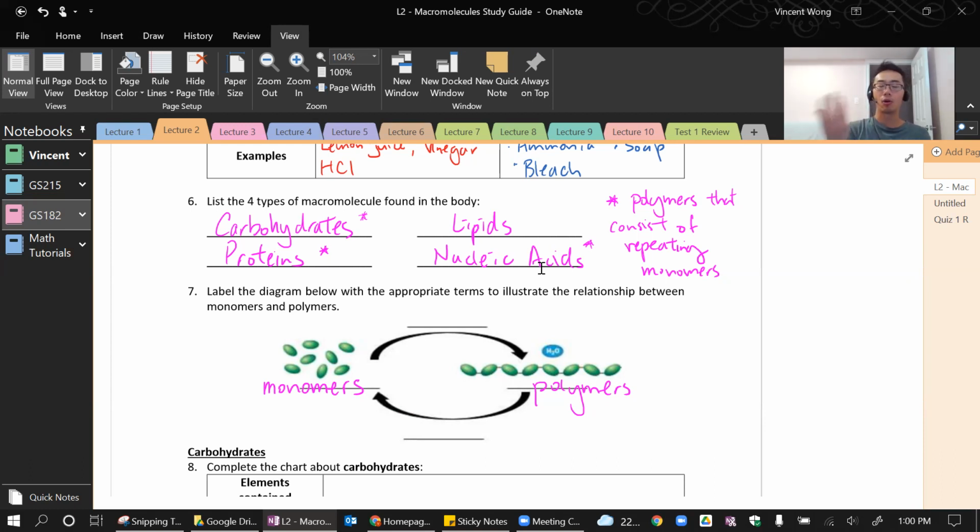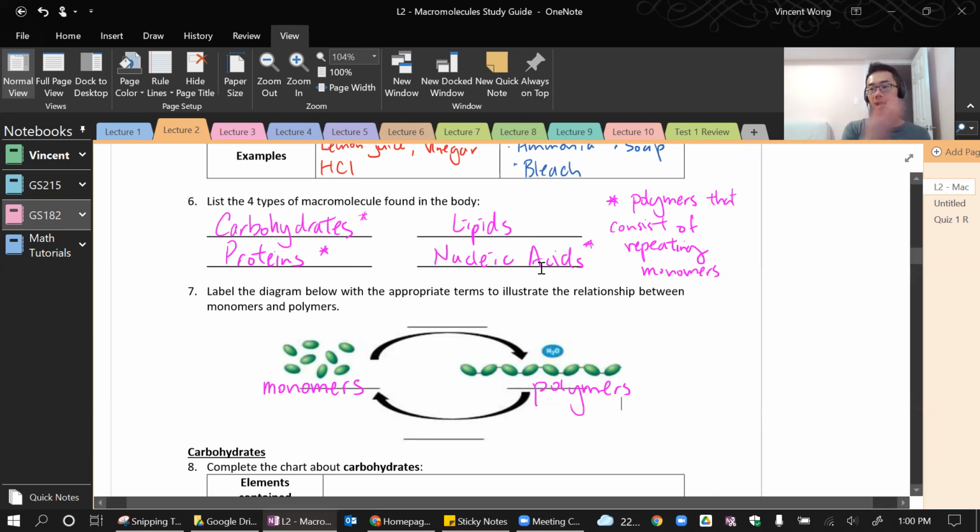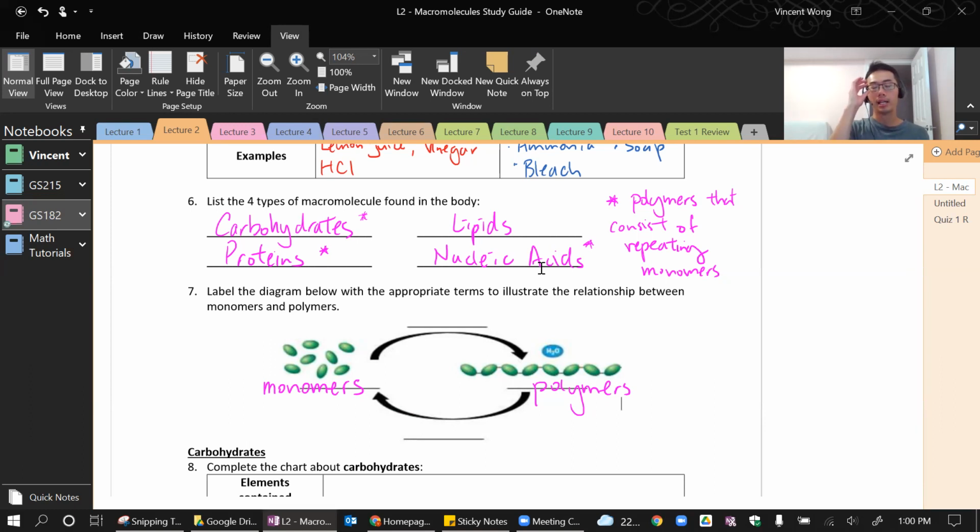Polyester, like your clothing, is a polymer. Nylon is a polymer. Teflon, the non-stick black coating on your pan, is a polymer. Polymer just means it's a very long chain of molecules that consists of repeating units, monomers. That's what a polymer is.